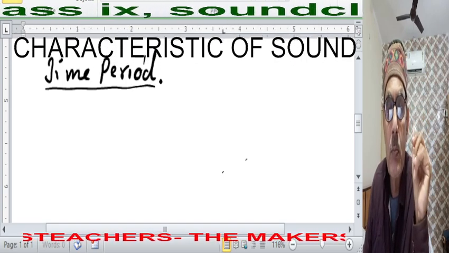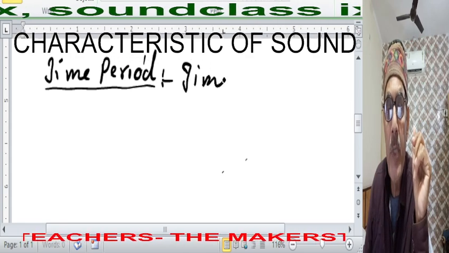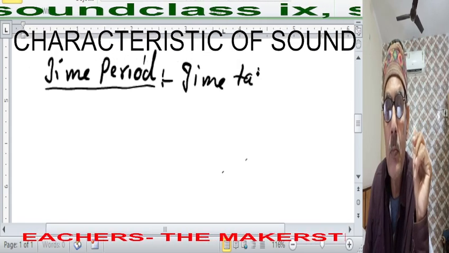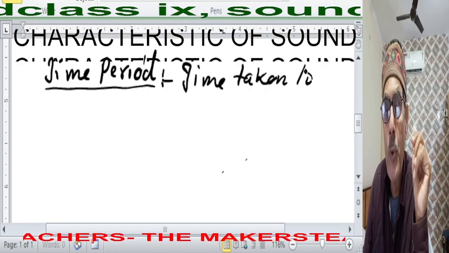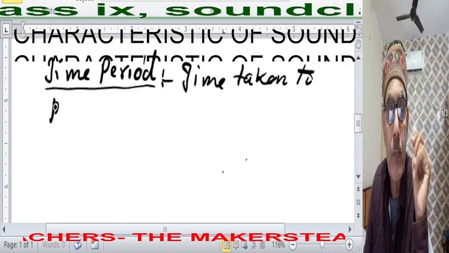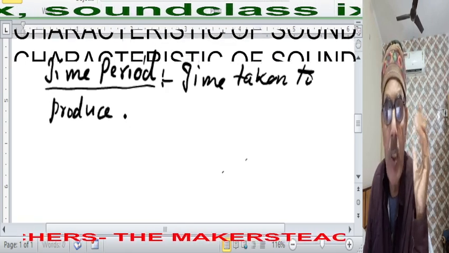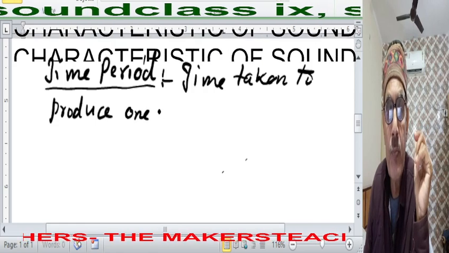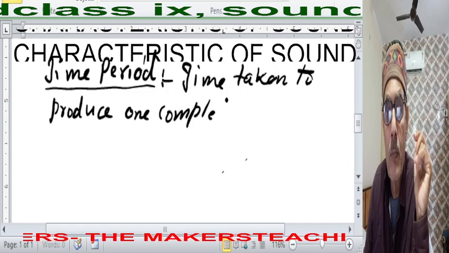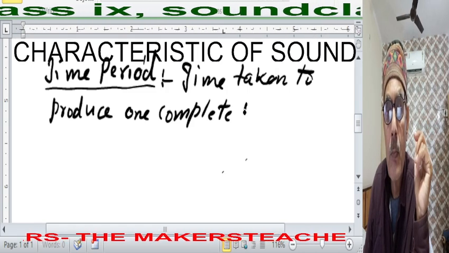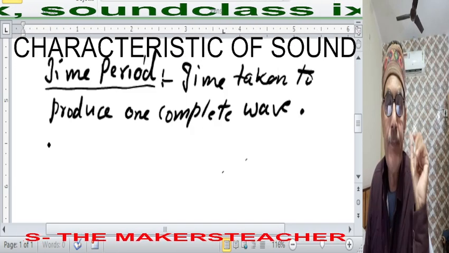So time taken to produce one complete wave is called time period.